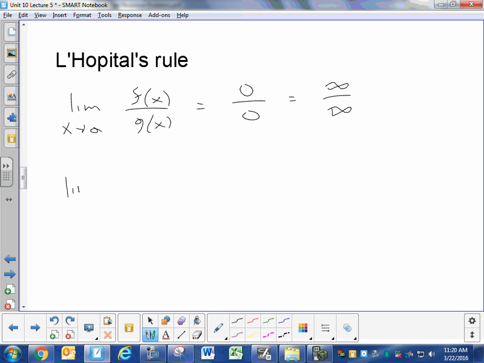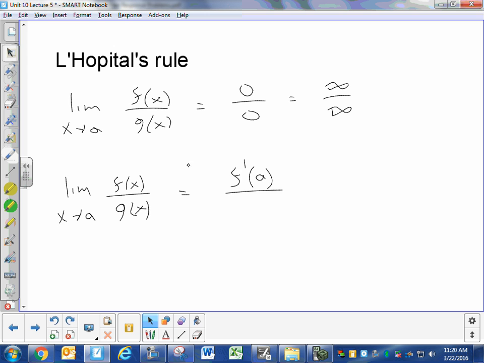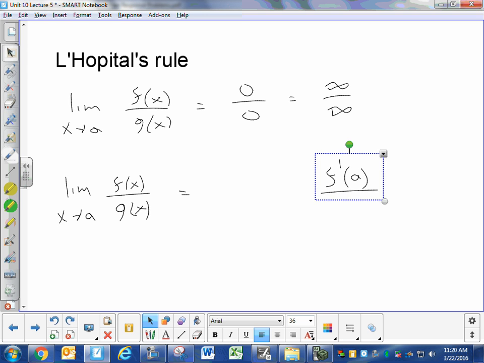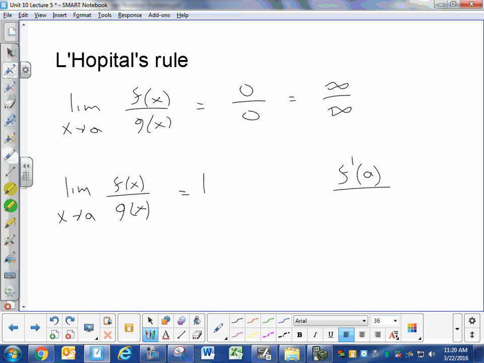So we would express that this equals the derivative at a over, I can go one step further before we go there, equals the limit as x approaches a of the derivative of f of x over the derivative of g, which sometimes will equal f prime of a over g prime of a.